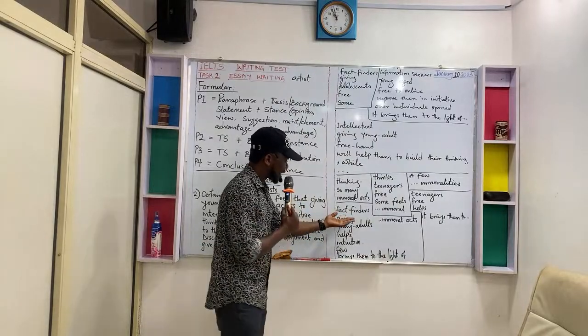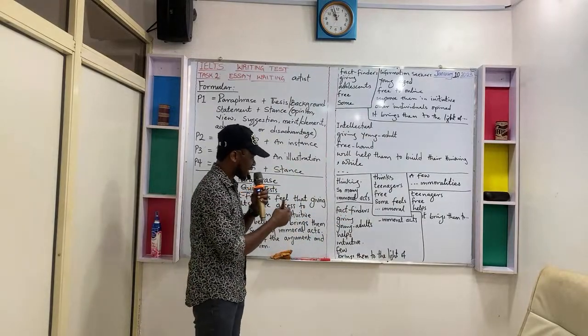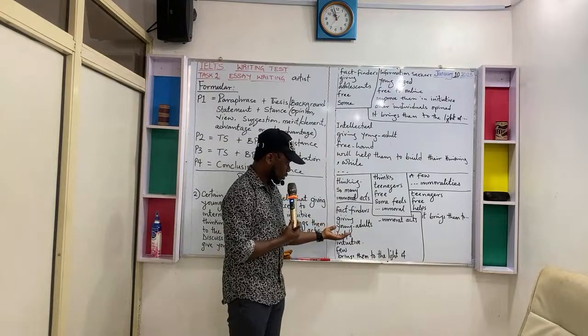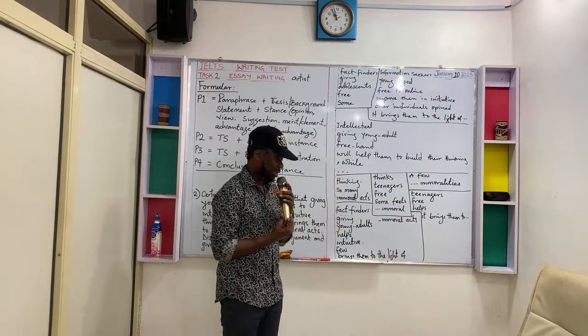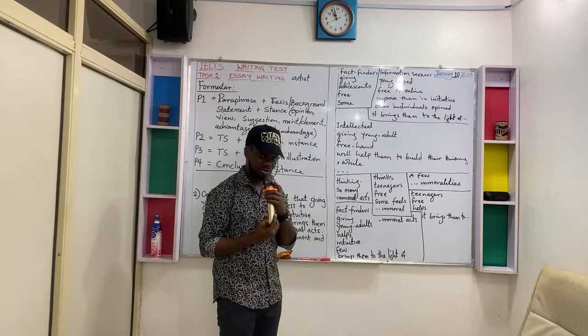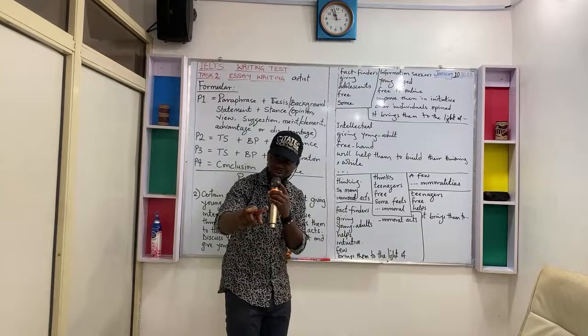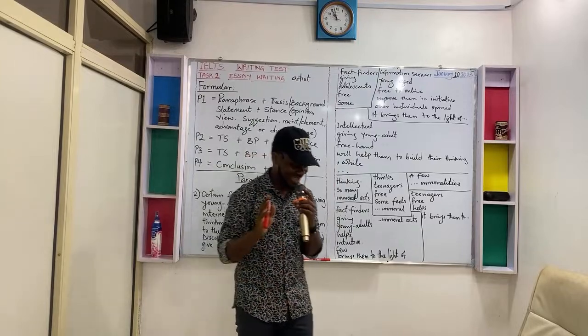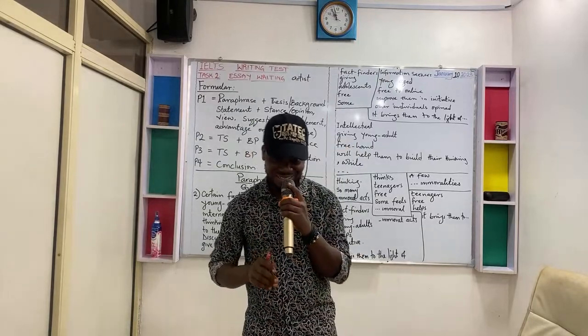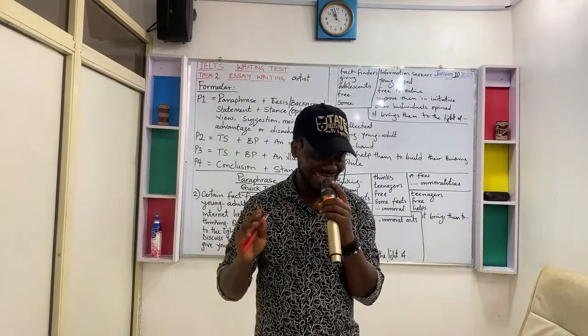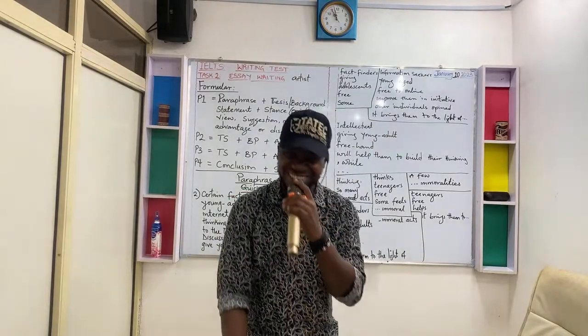Then fact finders, I've talked about fact finders. Giving, I've talked about it. Young adults, we know the right word to use. Helps, I've talked about it, right? Then intuitive. Okay, this is for you. I was going to interrupt when you were giving me your own. I said you didn't want to stress yourself because I said it's better not to.